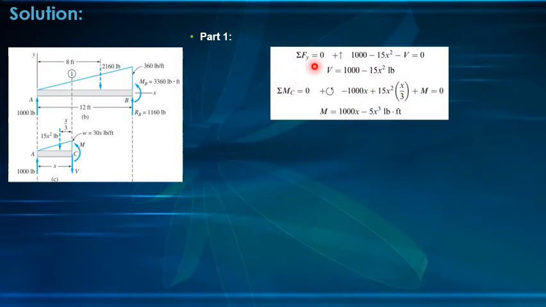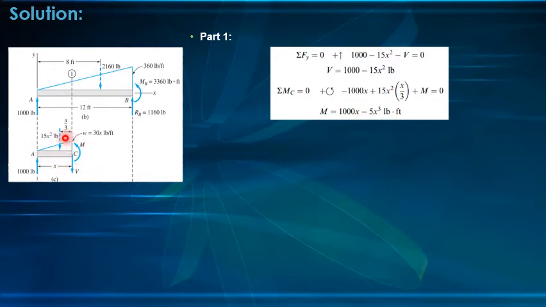So if we do summation forces Y equals to 0, taking upward positive, considering this figure, we're going to have this equation. The 1,000, it's going up, minus your 15x squared. 15x squared po, kasi 1/2 base times height, di ba?